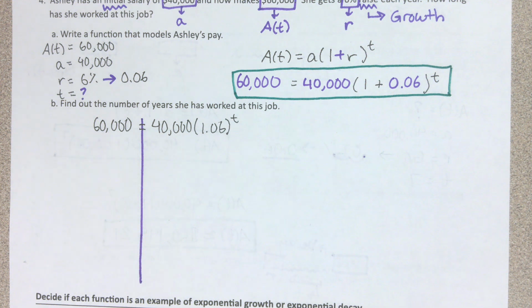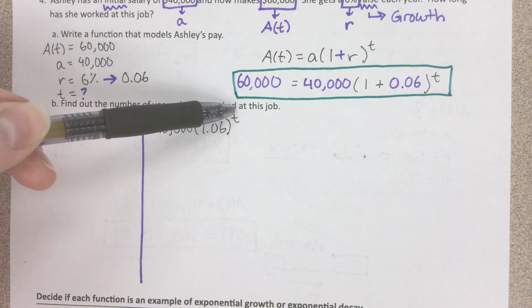Any suggestions on how to start? Like file PEMDAS. Because I'm thinking like you try to get the T by itself, right?